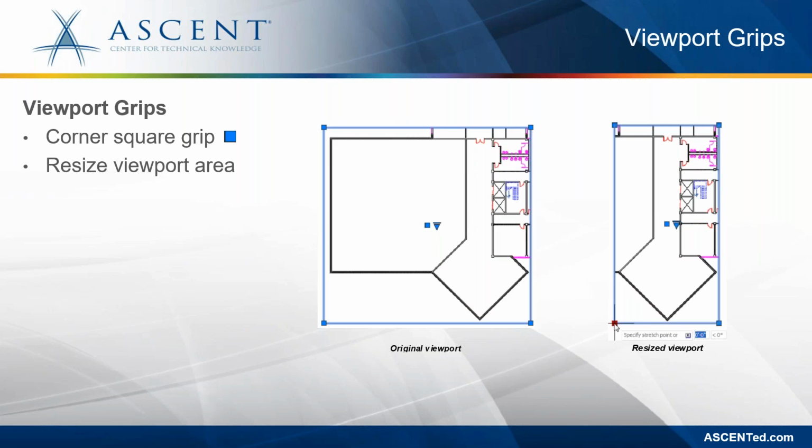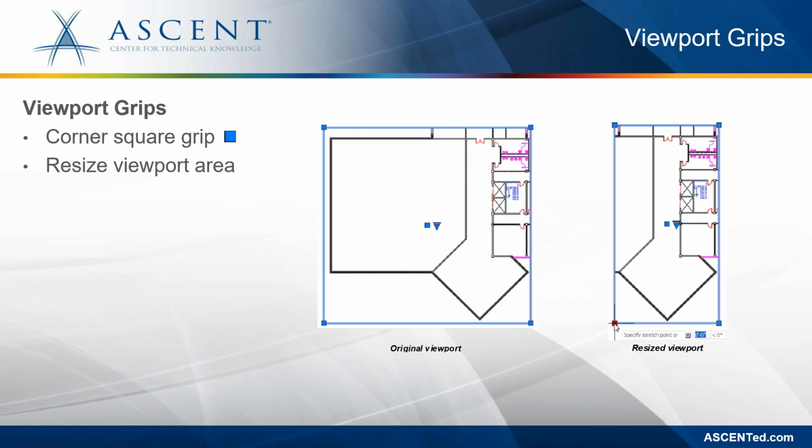The corner square grip can be used to easily resize the viewport, which means that it just resizes the viewport boundary, which lets you control what is visible in that area of the viewport boundary. If you make the viewport smaller, it just cuts out some portion of the visible area.